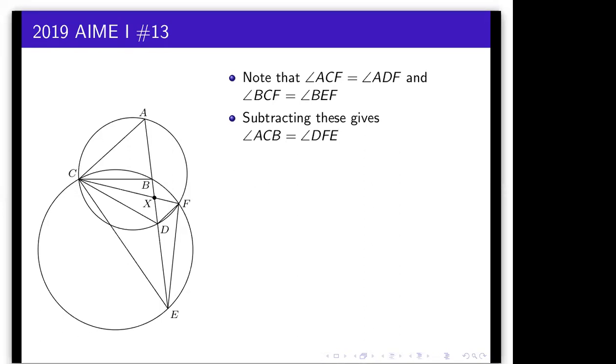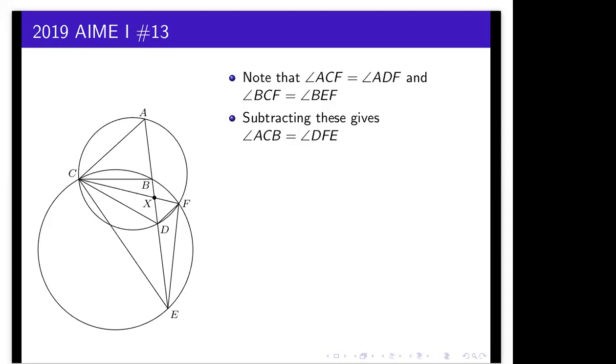One of those interior angles was BEF, so their difference is the other interior angle, which is DFE. So we now have this nice fact, which is angle ACB equals angle DFE.